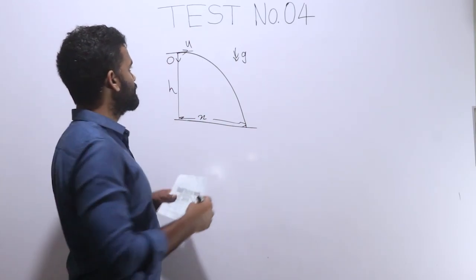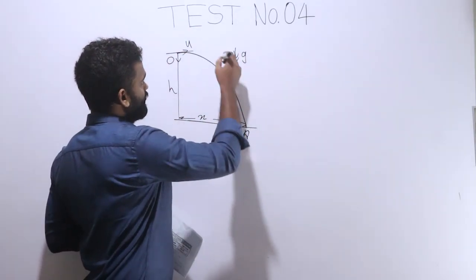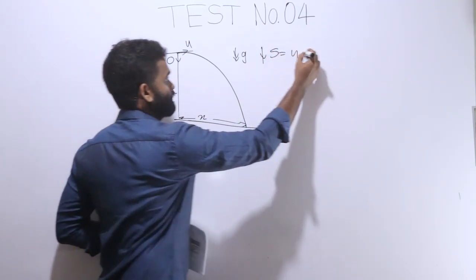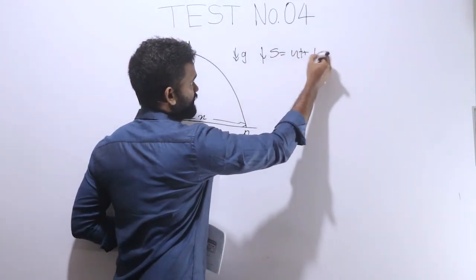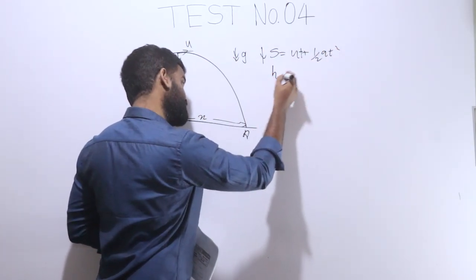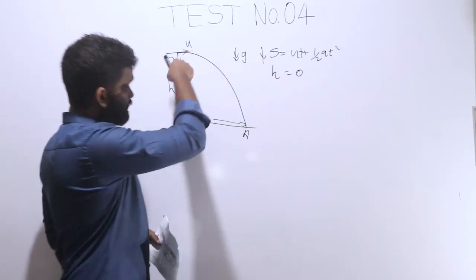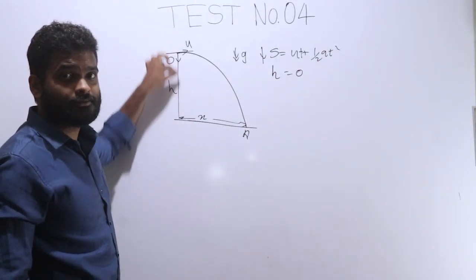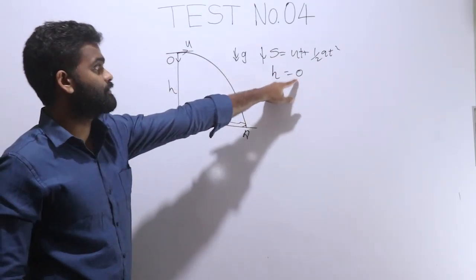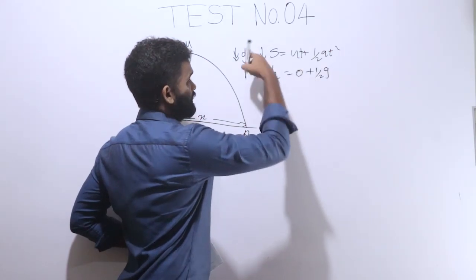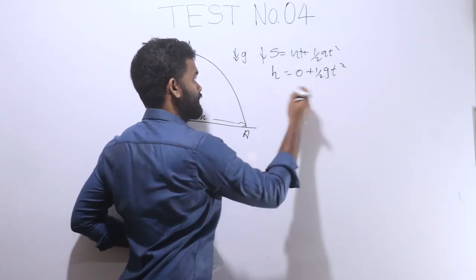So first apply the equation vertically downwards: ut plus half at squared. Displacement is h. u is 0 because the vertically downward initial component is 0 here. So this term becomes 0 plus half gravitational acceleration g t squared.